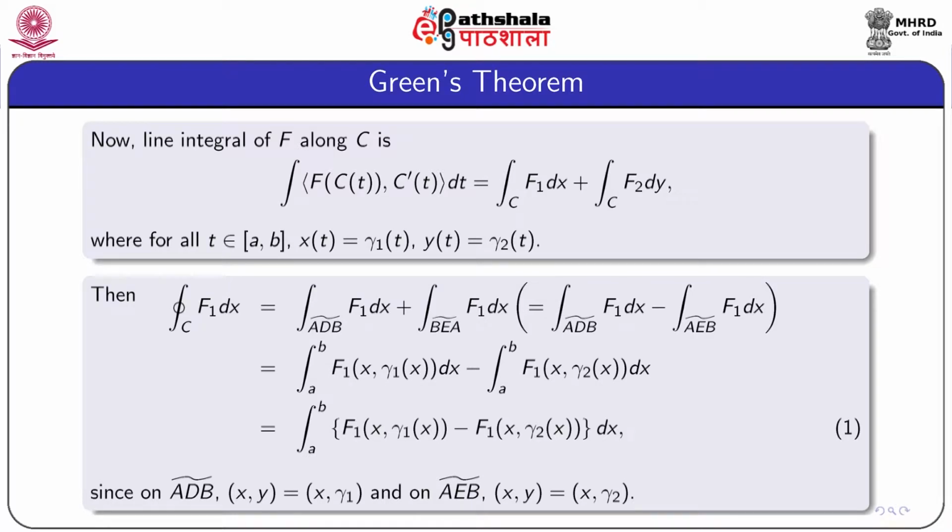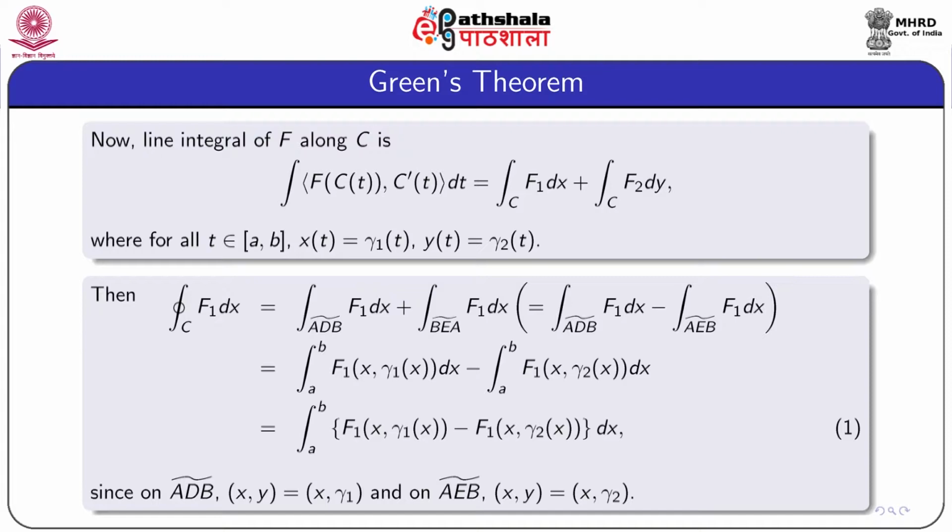Now, the line integral of f along C is given by the integral of the inner product of f(c(t)) and c'(t) dt. This equals the integral over C of f1 dx plus the integral over C of f2 dy. Then, the line integral of f1 over C dx equals the integral over curve ADB of f1 dx plus the integral over BEA of f1 dx.